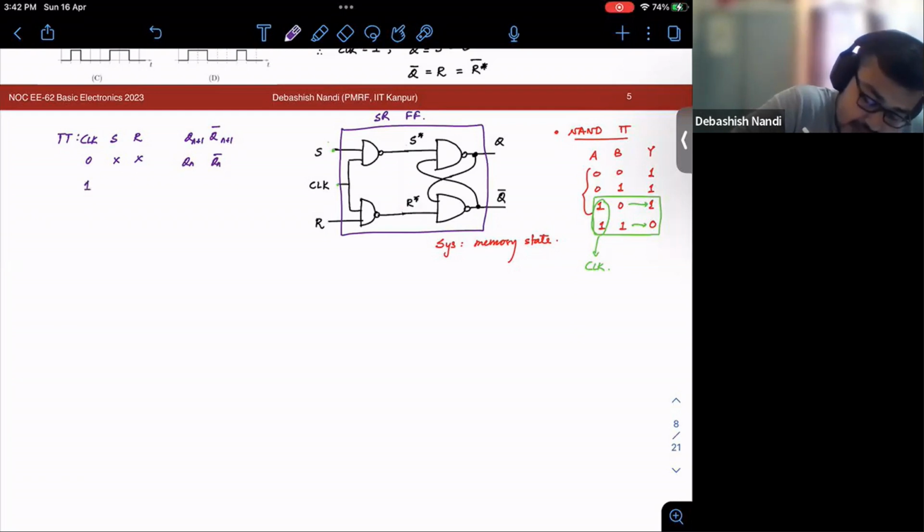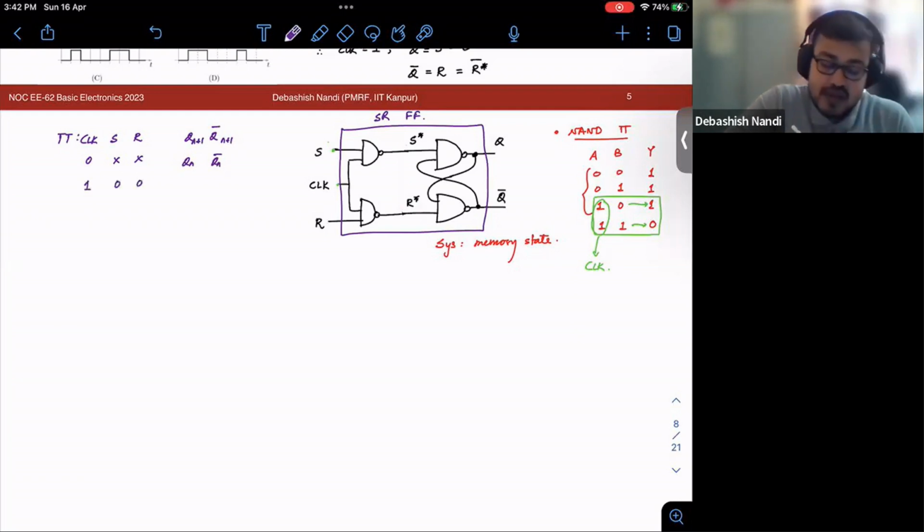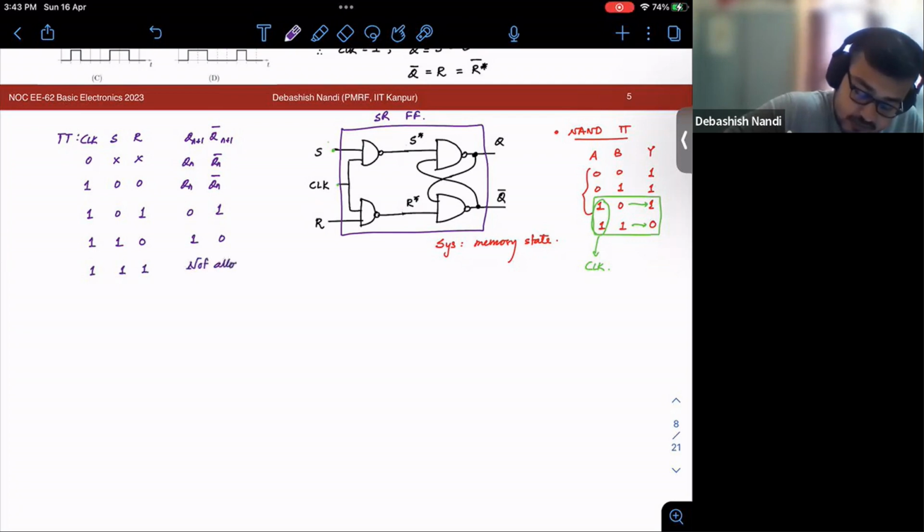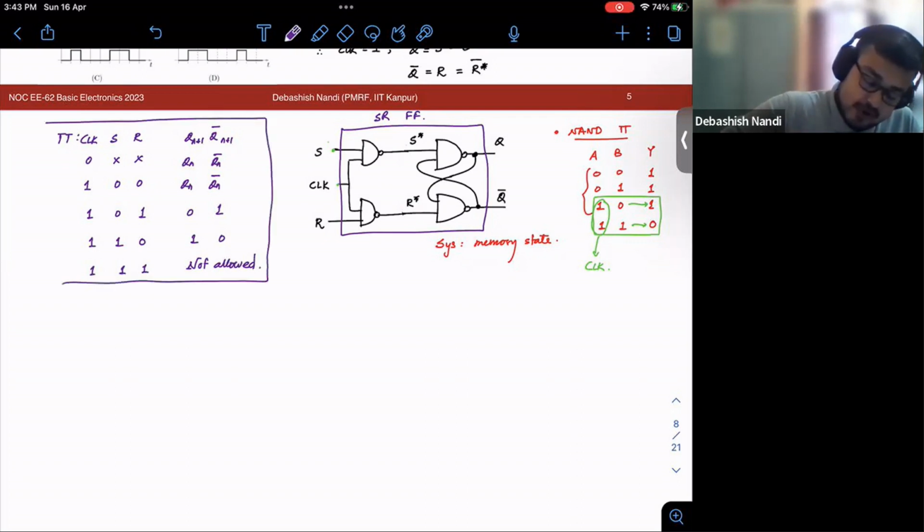Similarly, when clock is 1 and both the inputs are 0, S star and R star will always be 1, so it will also be in the memory state. And if this is 0, 1, the output will be this. But again, this combination is not allowed. So this is the truth table of your SR flip-flop.